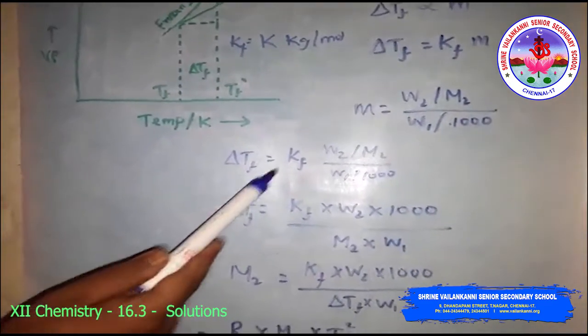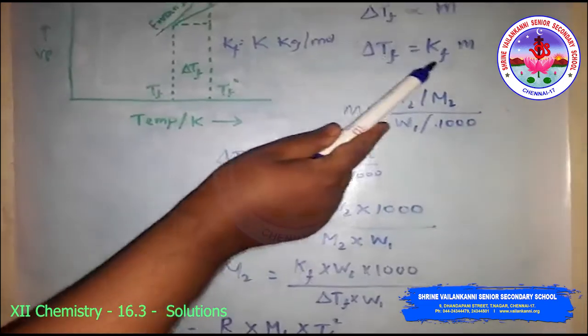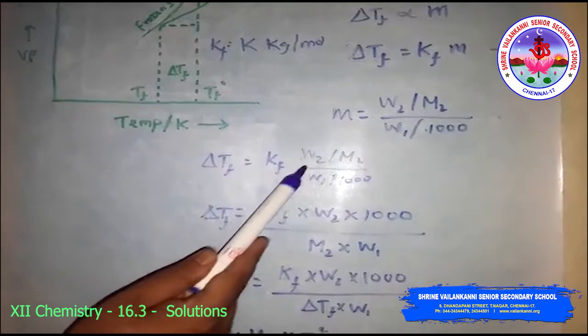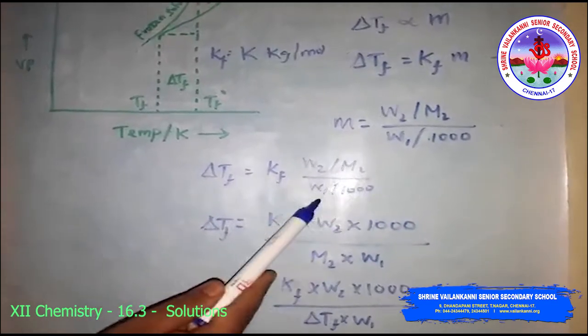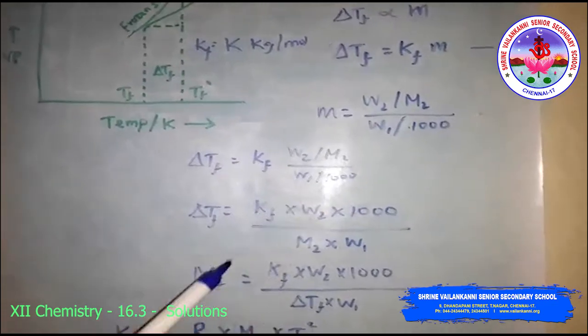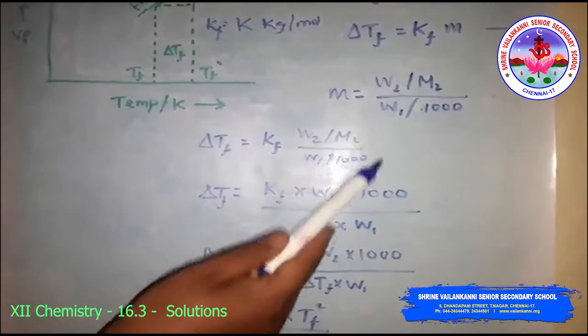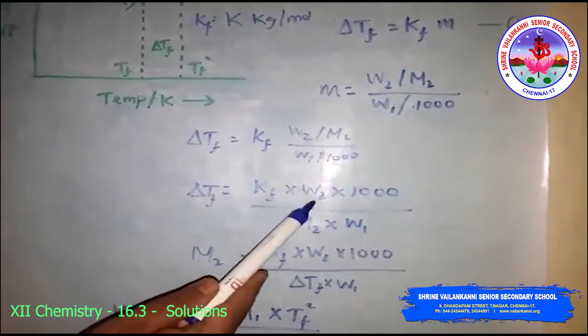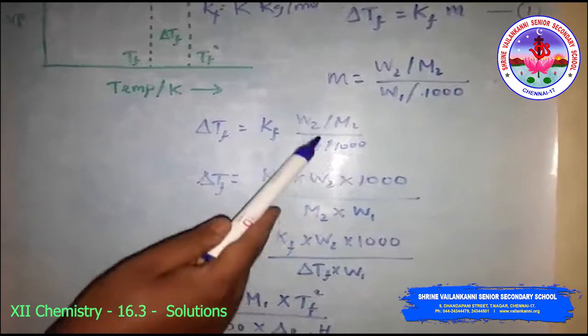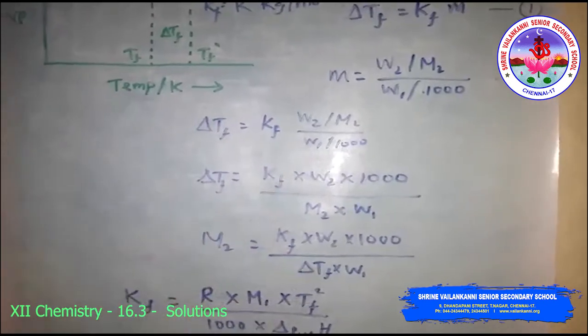We can substitute the value in this first equation. So we get delta Tf is equal to Kf into W2 divided by M2, divided by W1 divided by 1000. On rearranging, we get Kf into W2 into 1000 in the numerator, divided by M2 into W1.